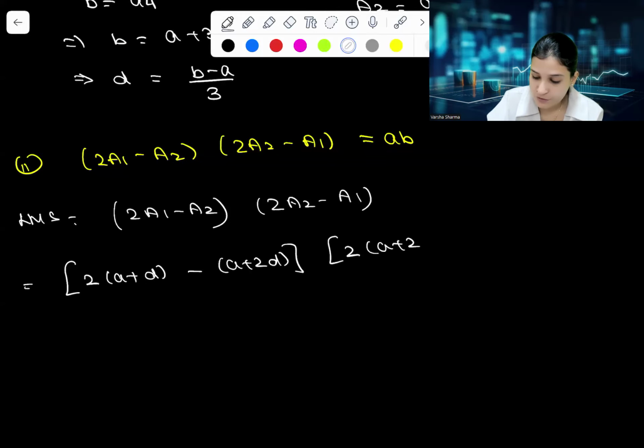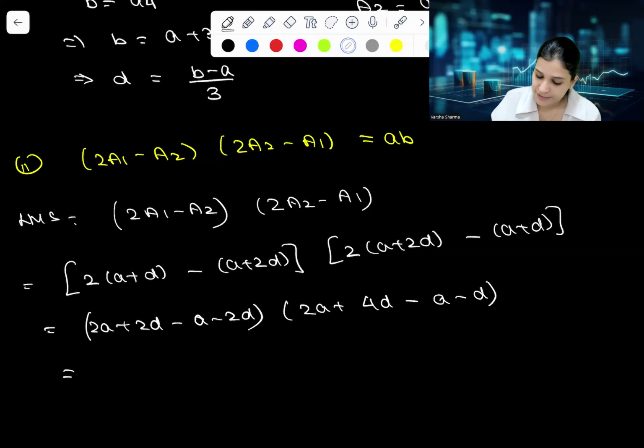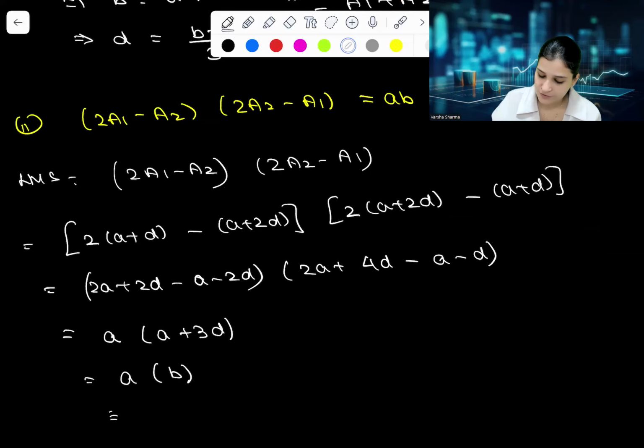This is A plus 2D, this is A plus D. I'll put the value of D at the end. 2A plus 2D minus A minus 2D, and 2A plus 4D. Here 2D gets cancelled, we are left with A. Here if I simplify, I'm left with A plus 3D. A plus 3D was B. That's our RHS.